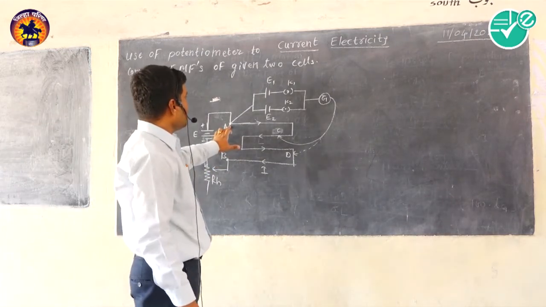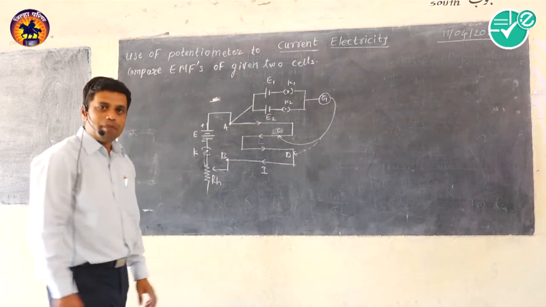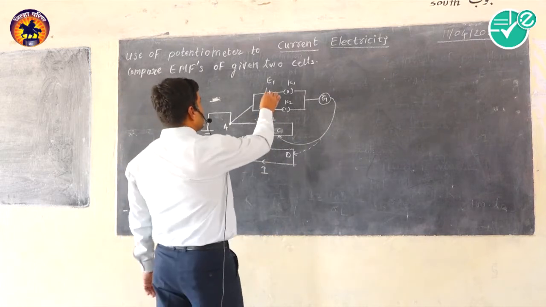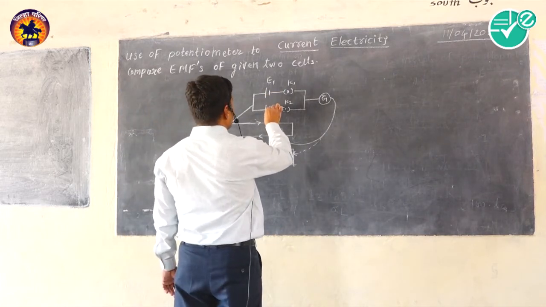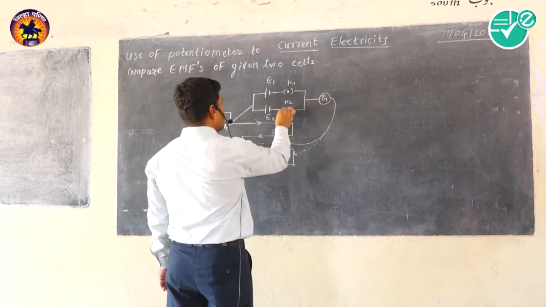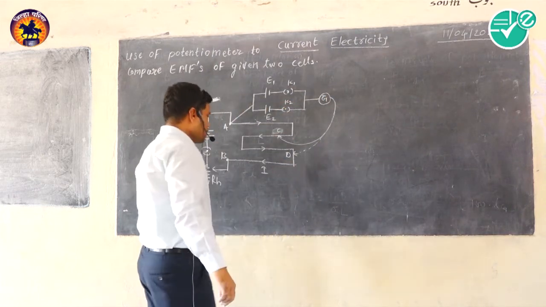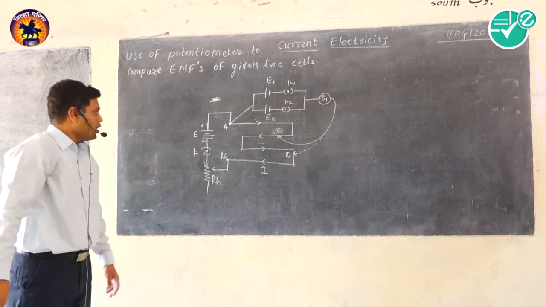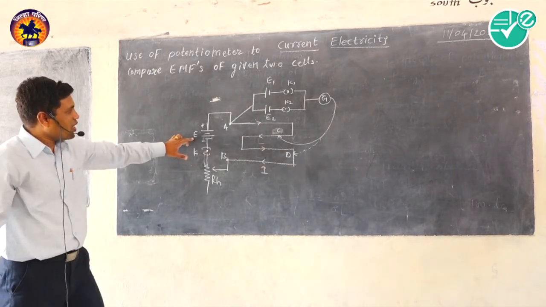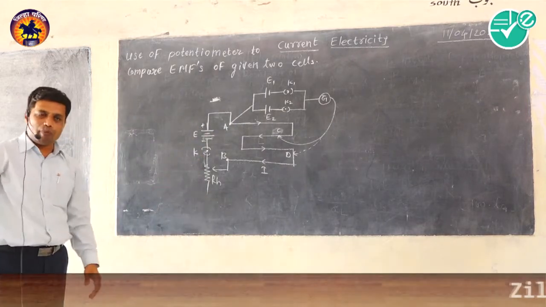From point A, the two cells E1 and E2 whose EMFs are to be compared are connected, and their negative terminals are connected to the galvanometer via keys K1 and K2. The other end of the galvanometer is connected to the jockey. The battery E should have higher potential than E1 and E2 for the potentiometer to work properly.